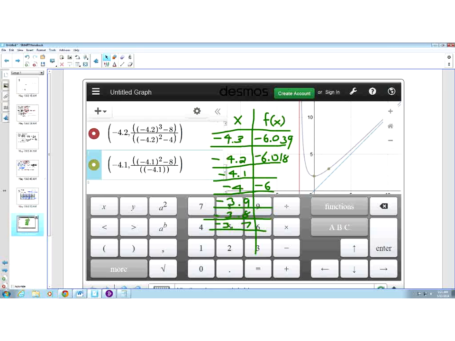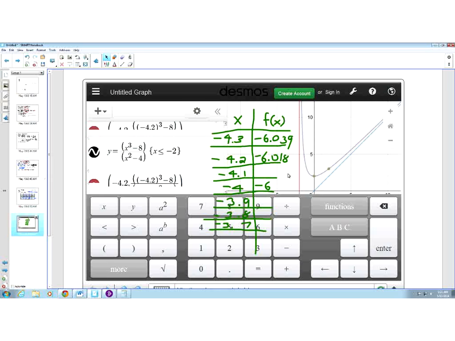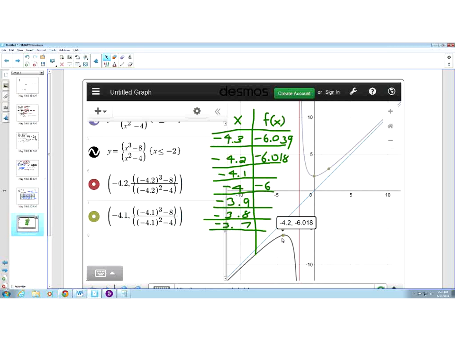Oh, that should be a cube, sorry. Does that look right? That looks right. Okay, so that would be the green dot. So let's see if it plotted. Yeah, so there it is.